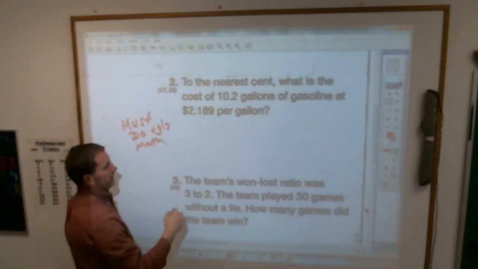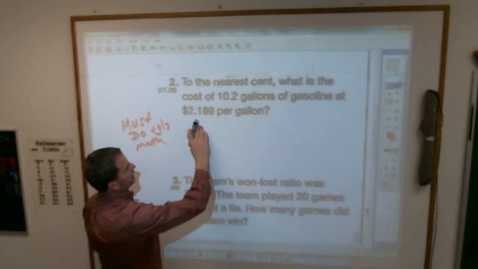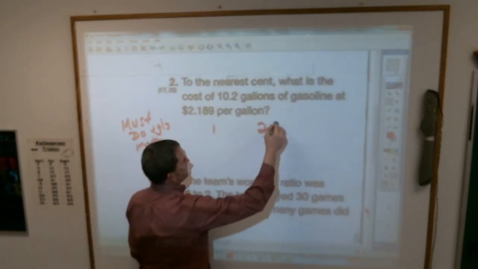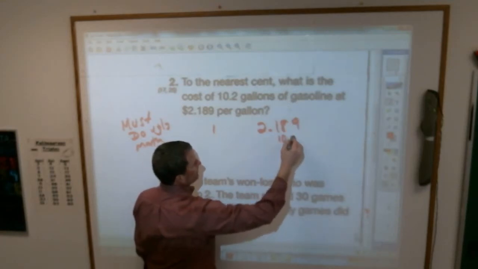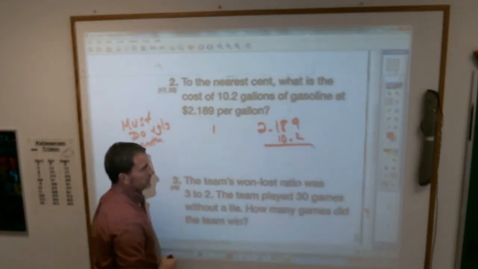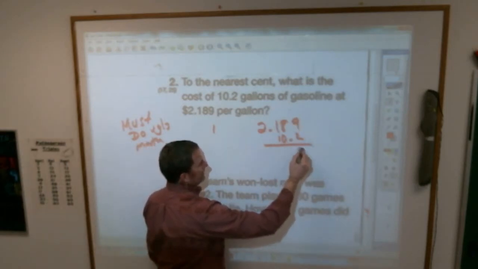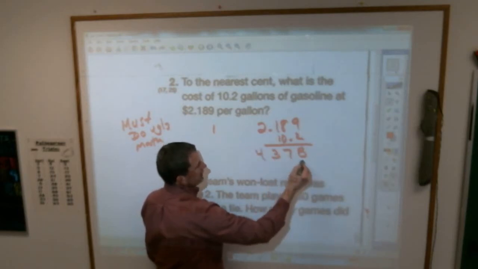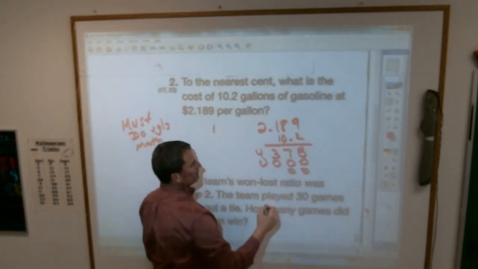So you have to take 10.2. It's not an easy thing, is it? Times 10.2. I'm not sure I want to do this. I'll do it, just because I'd like to do a problem. 2 times 9 is 18, 16, 17, 3, 4, then zeros. Third one, drop 2 zeros.